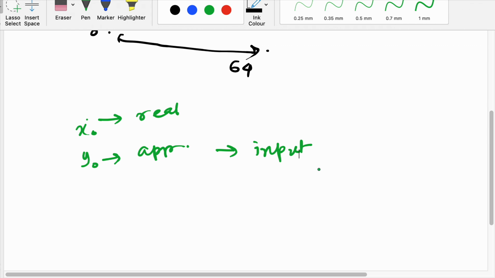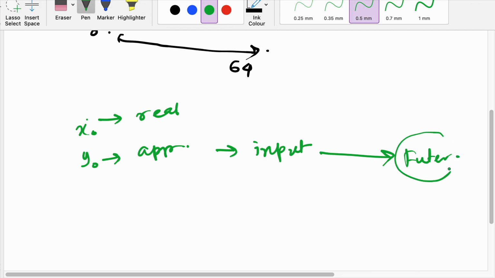Now we are using this y0 to predict some future. If this future remains very close to x0, then we will say that our system does not have any sensitive dependence on the initial condition, and we can perfectly predict the future of the system.